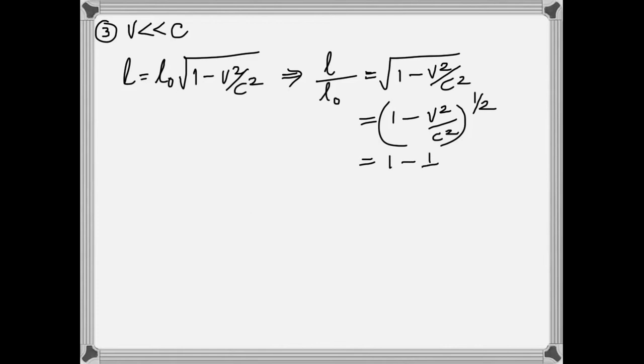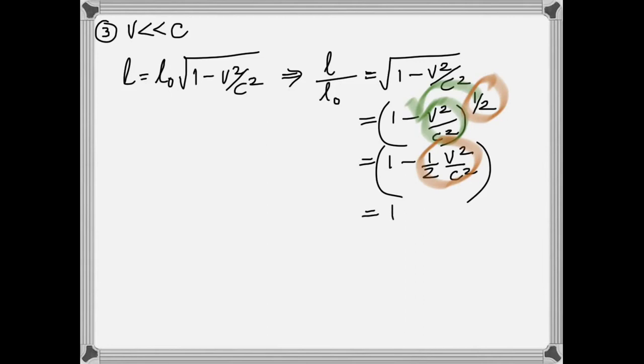Square root can be written as raised to half, and because this quantity is really small, you can use the approximation where you take the power and multiply it here. So it's 1 minus half v squared by c squared. Remember that only works when that quantity is small.